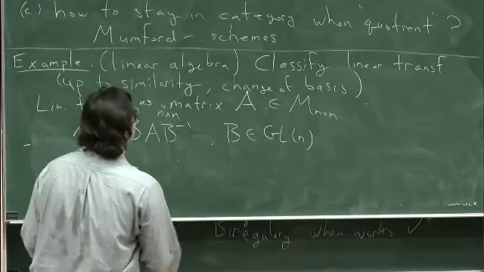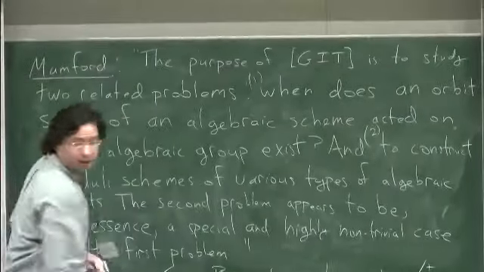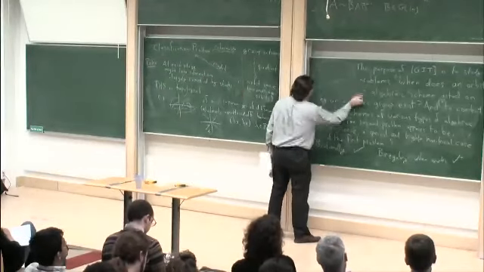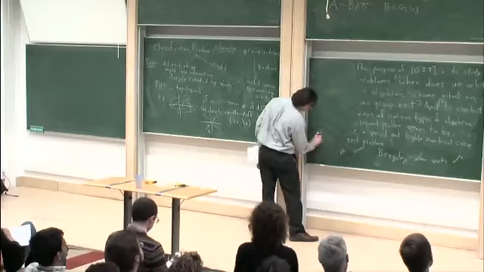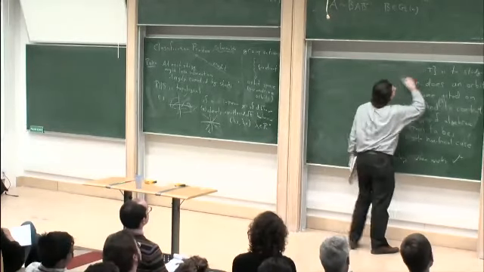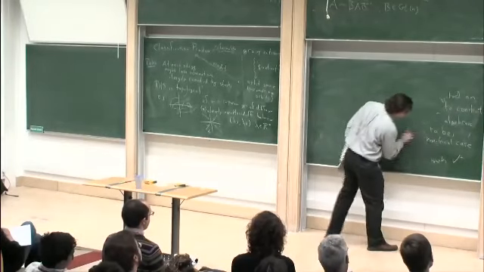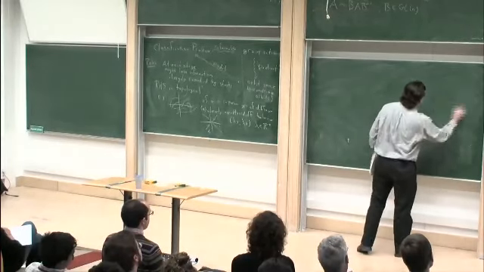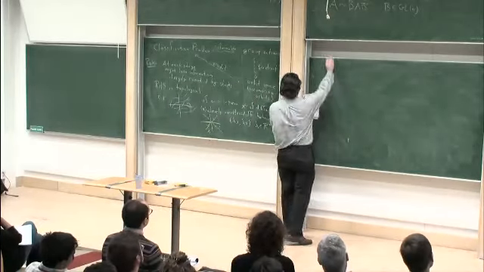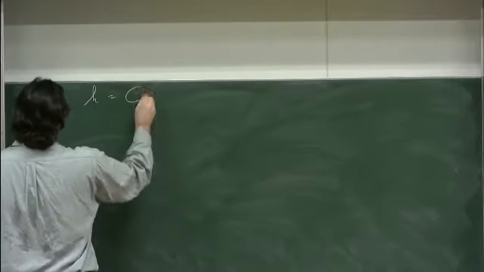Well, what happens? Let's do the simplest possible case, n equals 2. You could do k equals C if you like. All right, so well, what happens?